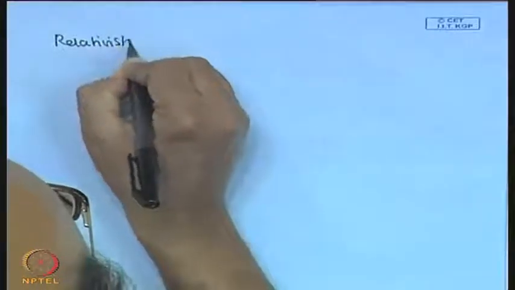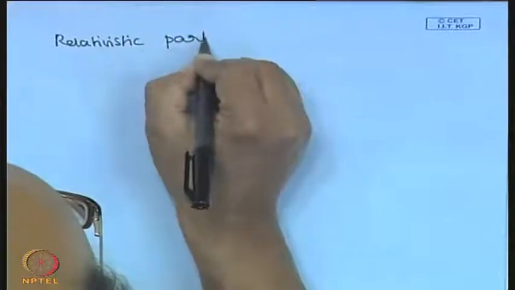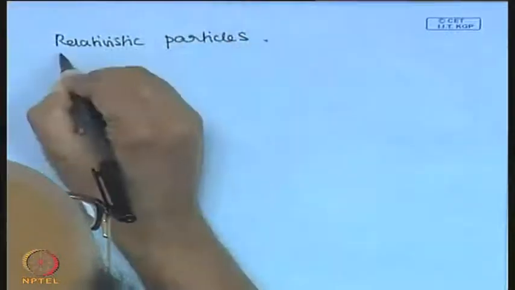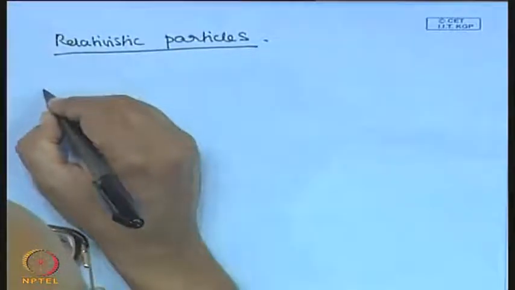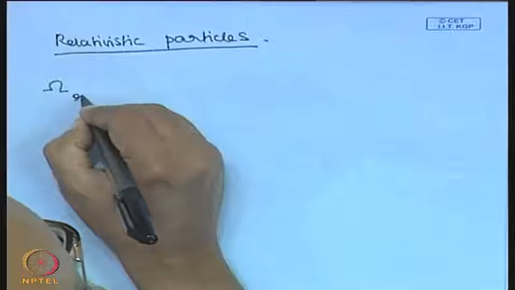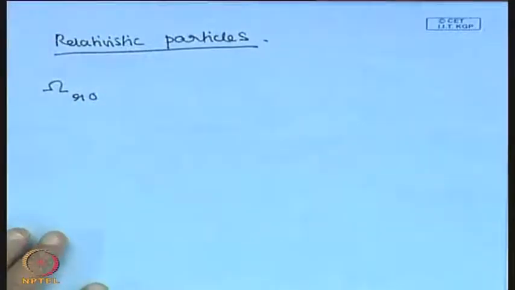Okay, so assuming that the neutrinos are relativistic, we know of two distinct backgrounds of relativistic particles. One is the photons and the other is the neutrinos. So we can now estimate the total density in relativistic particles at present.